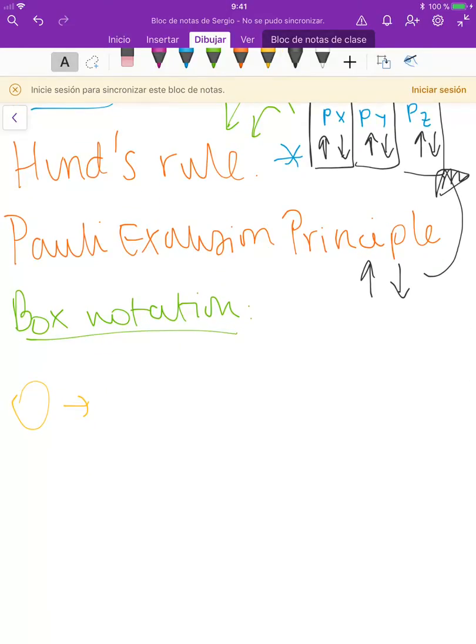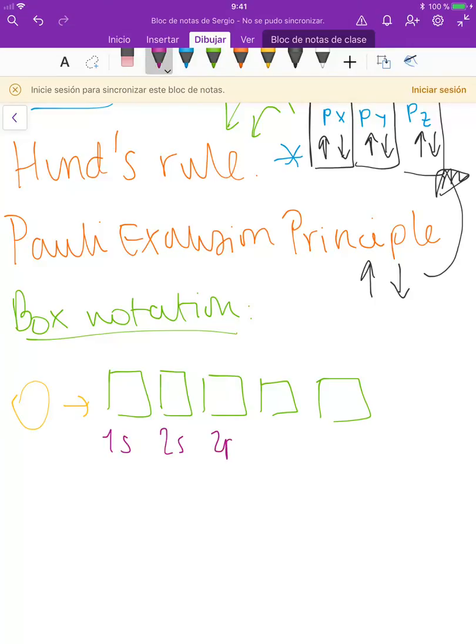We also have to know about box notation, which is basically another way of writing electronic configuration. So for example, for oxygen, I'll show it now. We have the 1s, the 2s, 2px, 2py, 2pz.